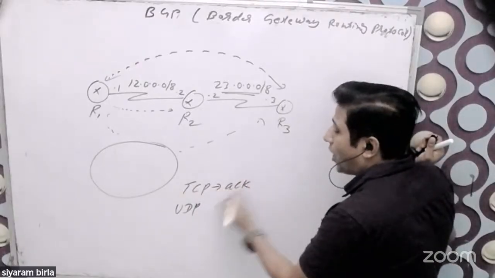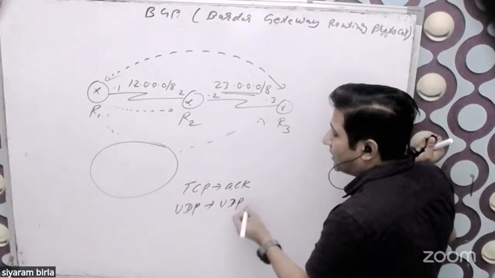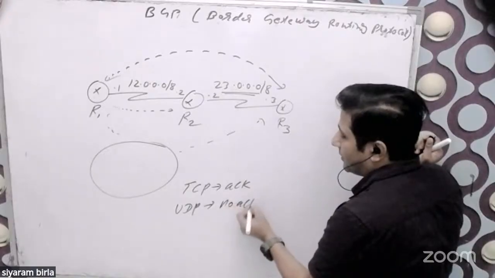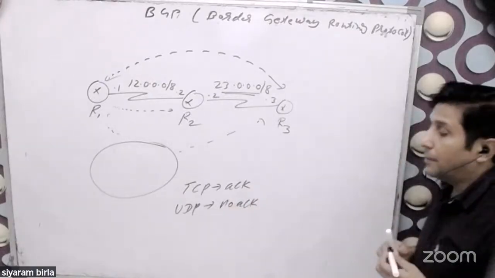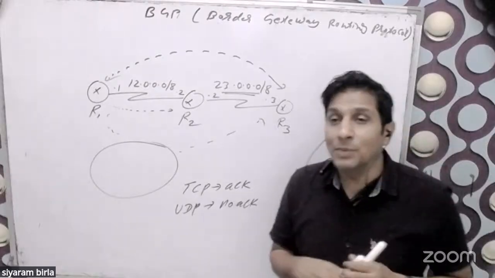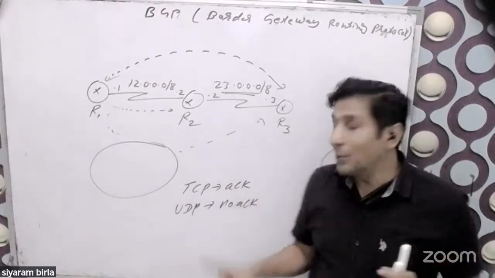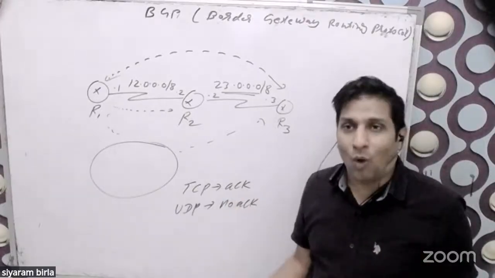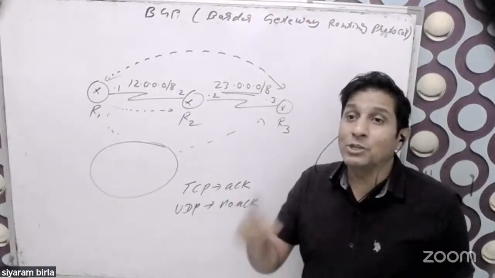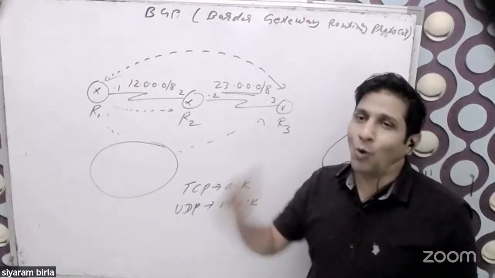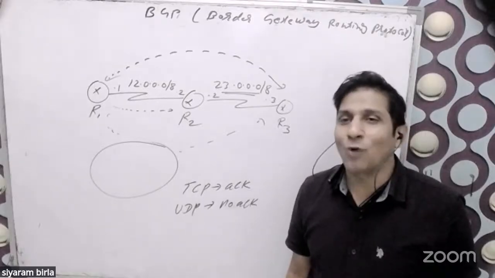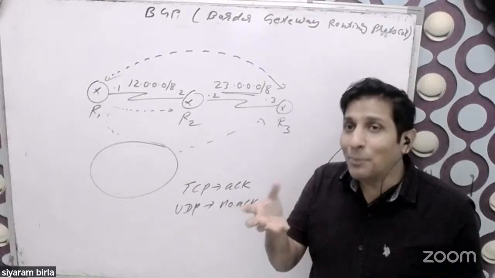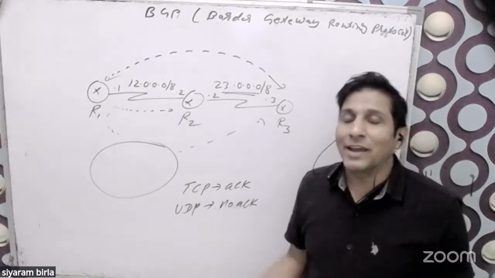TCP always gives the acknowledgement, but UDP does not give any acknowledgement. BGP requires the acknowledgement because it is a non-periodic protocol. That's why BGP uses the TCP protocol, for the acknowledgement. So BGP uses TCP, and whenever any update packet is delivered, it will acknowledge.